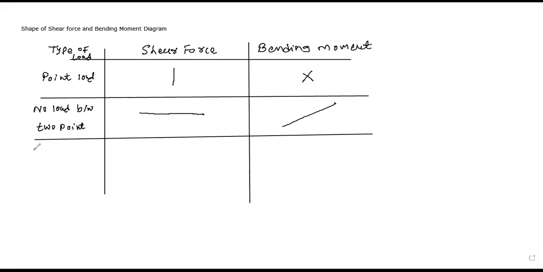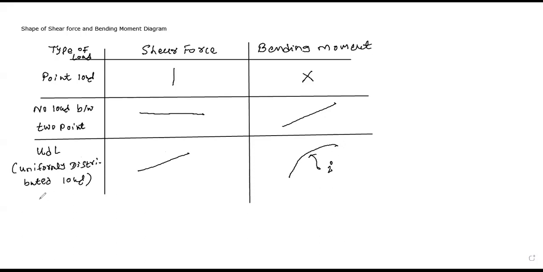If there is a uniformly distributed load, UDL, in that case, the shape of your shear force diagram will be an inclined line, and your bending moment diagram is a parabolic curvature, second degree parabolic curvature.